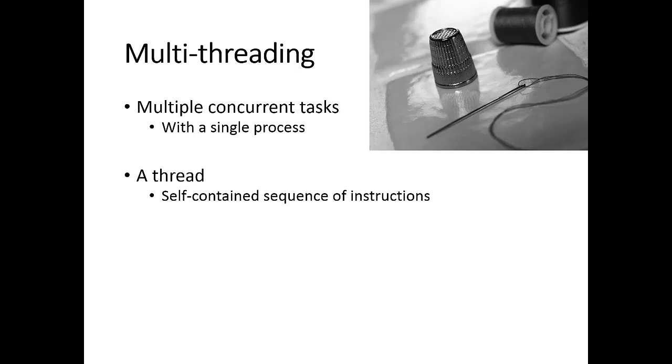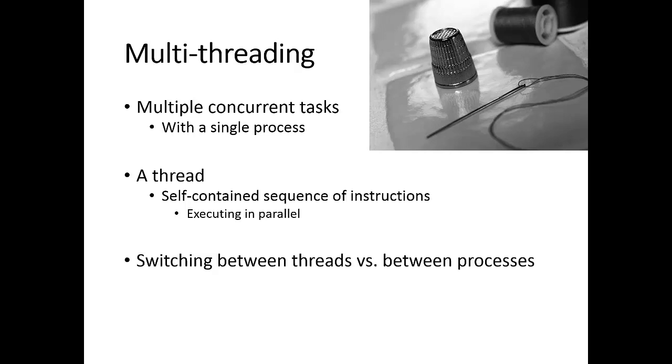So if you have multiple threads of control in the same process, they're all executing at the same time. I mean, not exactly at the same time, but they're actually taking turns. So they look like they're executing at the same time or in parallel. Basically what's going on is they're just switching between these different threads within the same process.